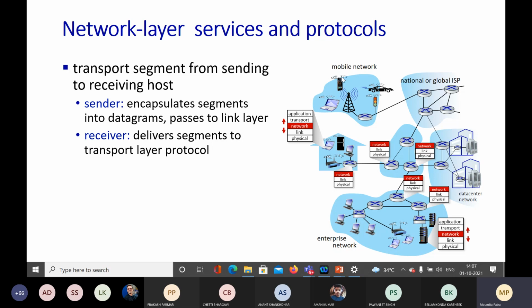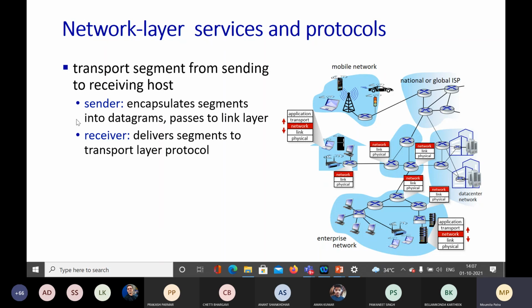All these nodes can be either an end system or an intermediate router in between. At the end systems, of course, we have all the layers and corresponding protocols up to the application layer, whereas routers have them only up to the network layer.